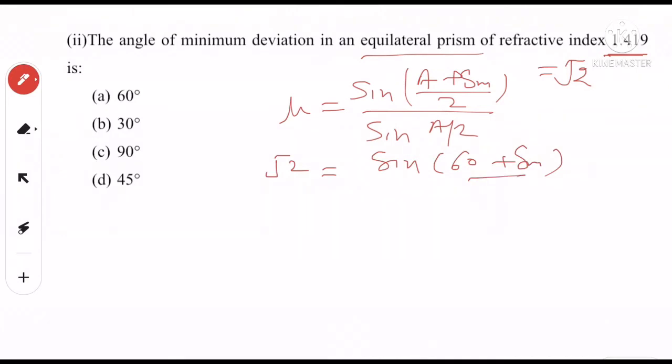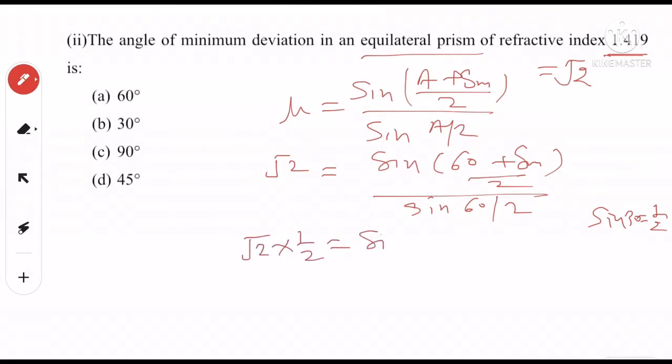So this will be sine (60 plus delta minimum) upon 2, upon sine 60 upon 2, that is sine 30, and sine 30 is half. So in place of this we put the value half. So we multiply under root 2 into half.